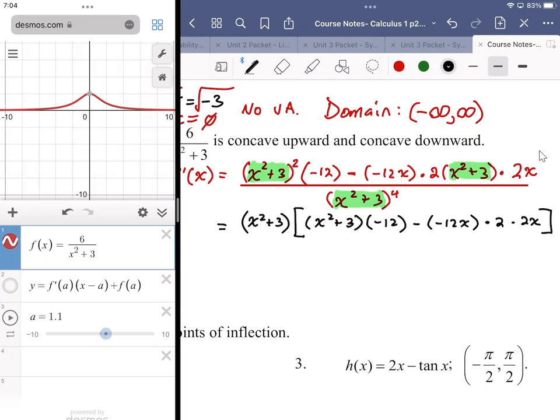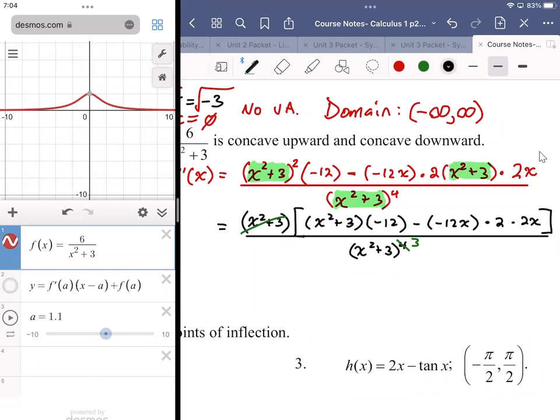And we'll clean all that up in a second, but all that's going to be over x squared plus 3 to the 4th power. The benefit of doing that is that now I can cancel this x squared plus 3 with one of these x squared plus 3's on the bottom. All right.